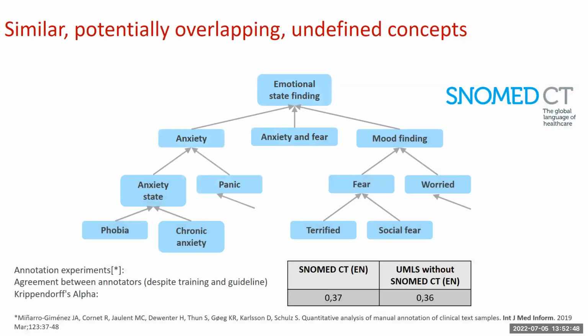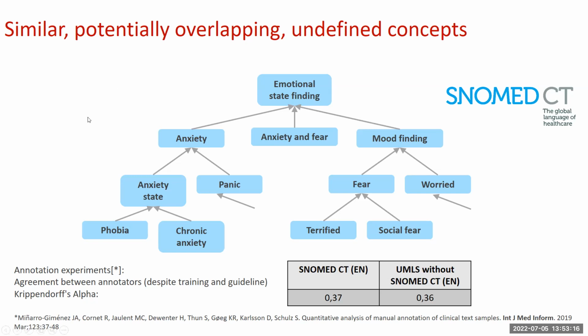So one problem is that we have quite a number of very similar, potentially overlapping and completely undefined concepts in SNOMED. For instance, this here. This is really a problem because we often do not know what it really means.